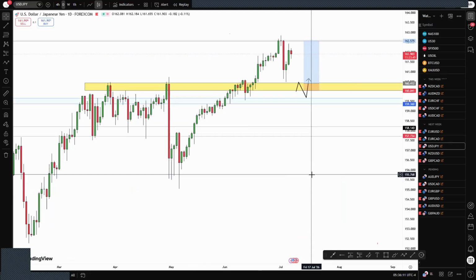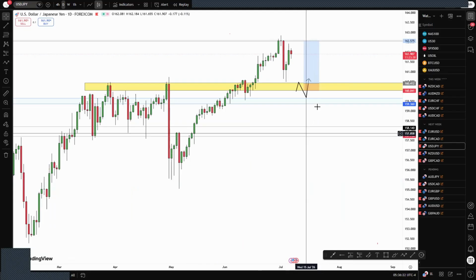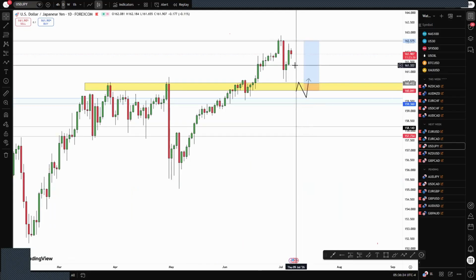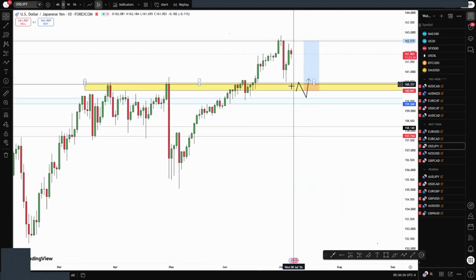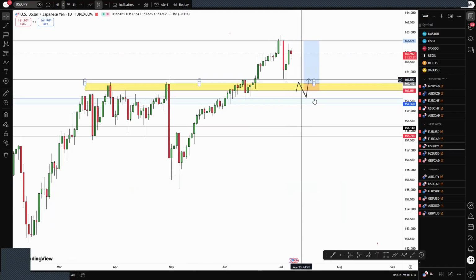USDJPY, I'm still waiting for my little baby to retest. It's having a bad run though, but I know he will come back. He's very sneaky. The moment you stop paying attention, the moment he strikes, you see.